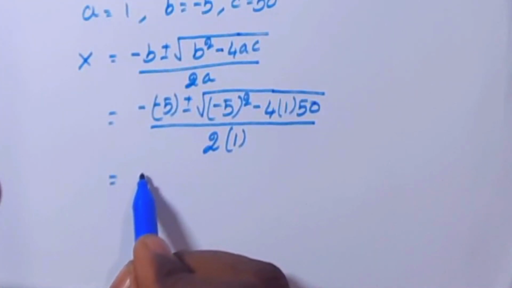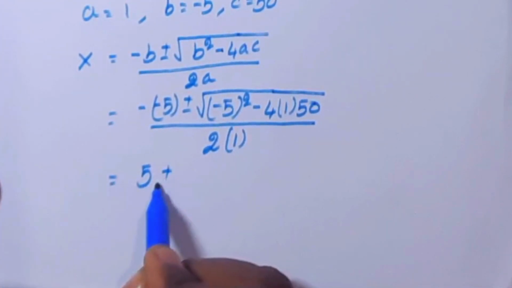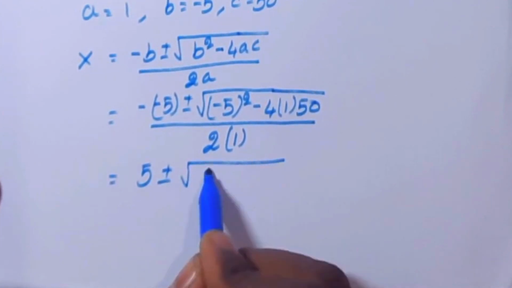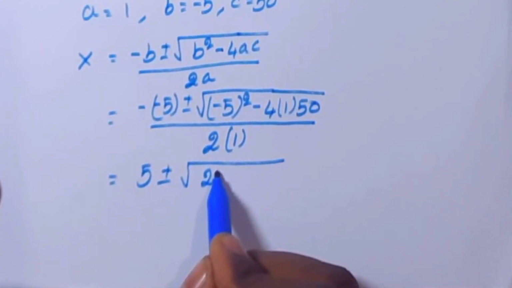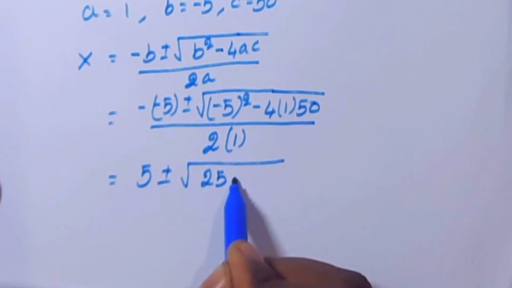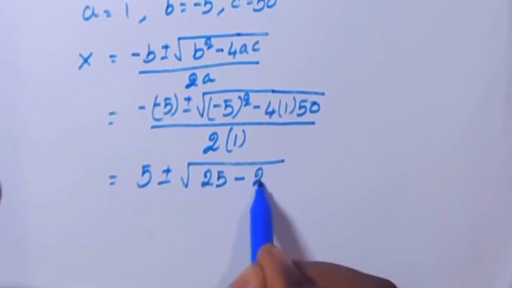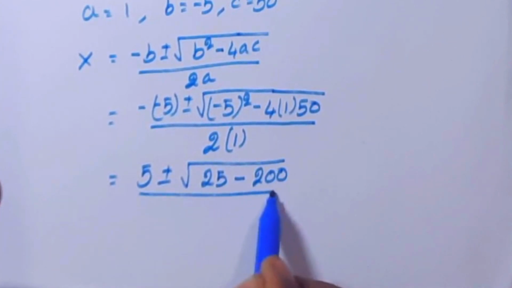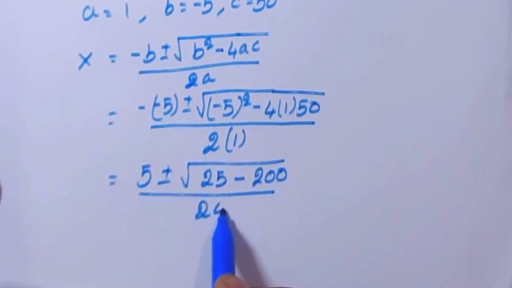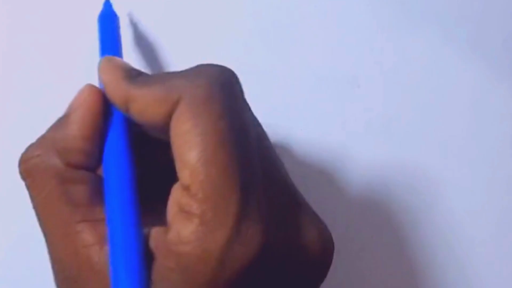Minus into minus is plus, so 5 plus or minus square root of 25 minus 200, by 2 times 1.